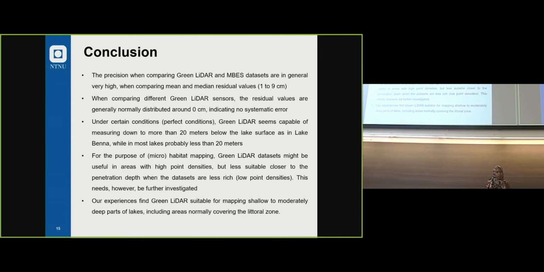Comparing the different sensors or different ways of measurement, the multi-beam echo sounder with the green LiDAR was giving a 1 to 9 centimeter deviation, while comparing the green LiDAR sensors together was giving a normal distribution of around 0. That means there is no systematic error.